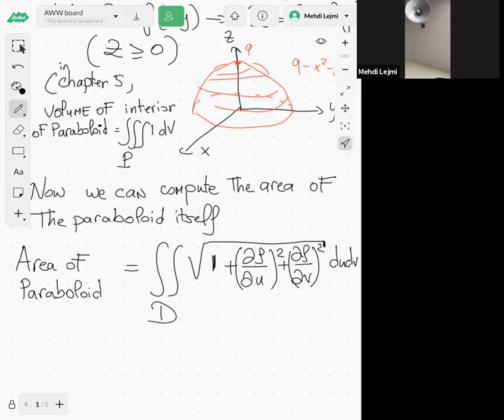Okay, guys. Now, what's f? f of x, y is 9 minus x squared minus y squared. If you write this in terms of u and v, it's just 9 minus u squared minus v squared, right?